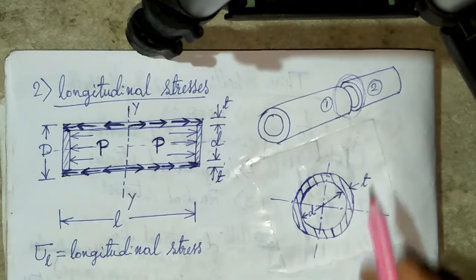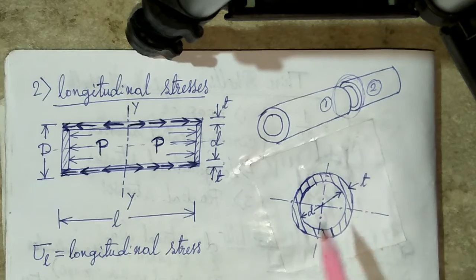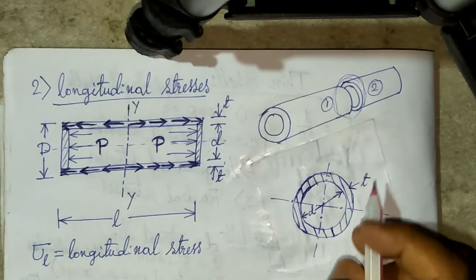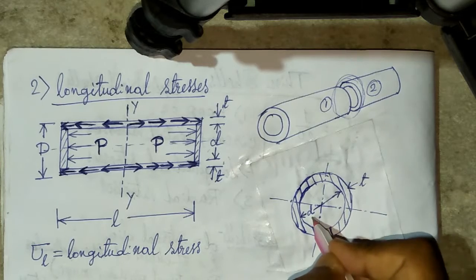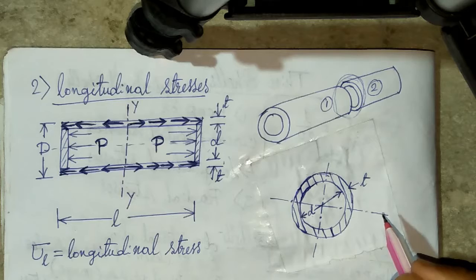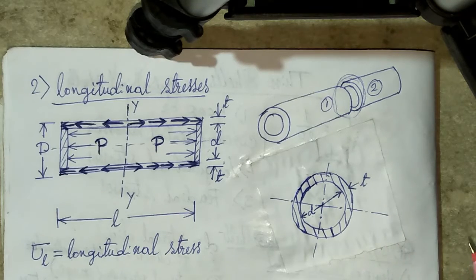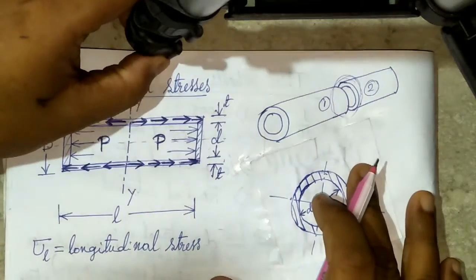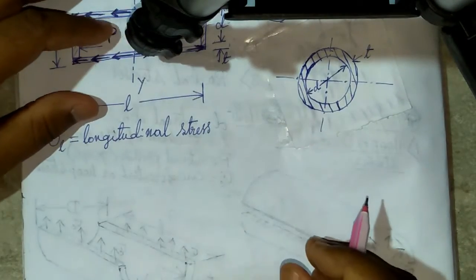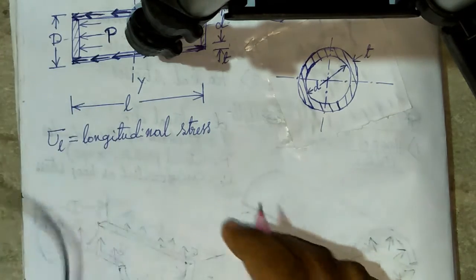And the cross sectional area of the cylinder is obviously like this, a circle. Small d is the internal dia, t is the thickness. For this kind of longitudinal stress, the pressure on the ends will be equal to the resisting force.